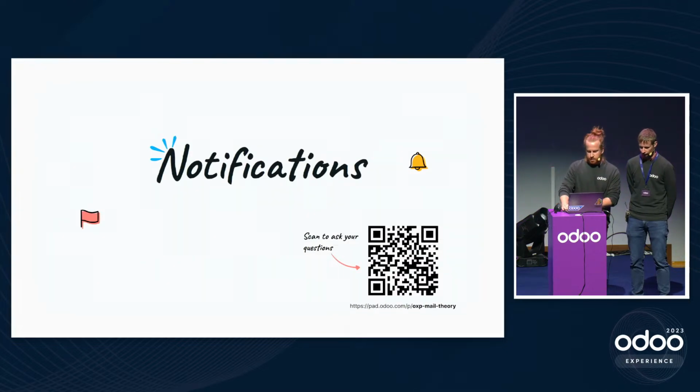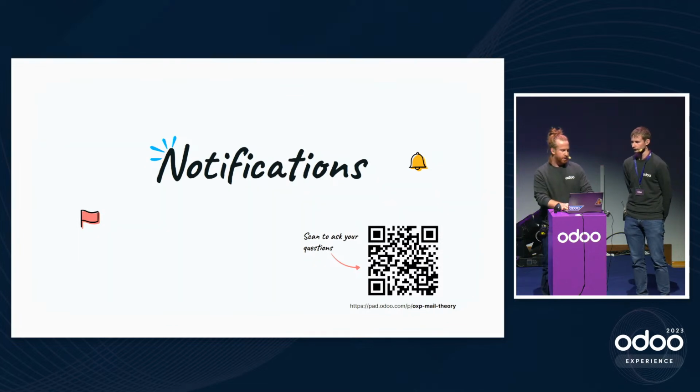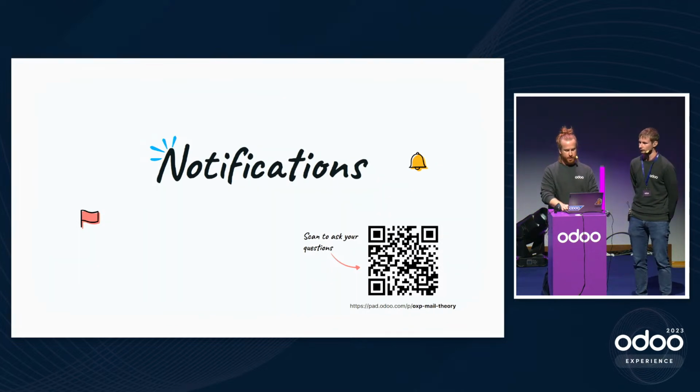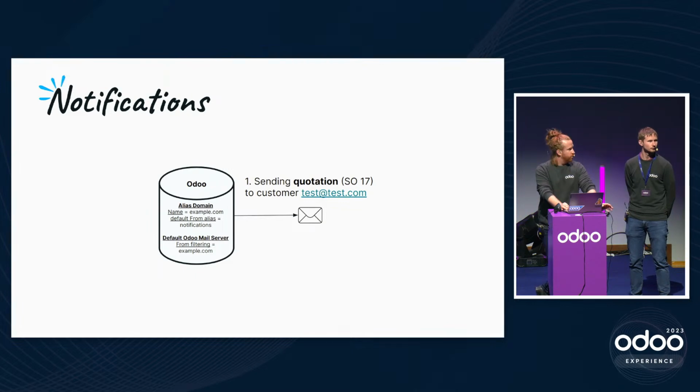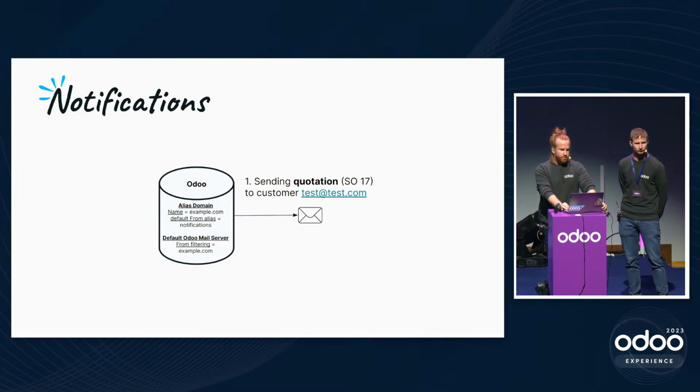The notification system. This system is a bit old, it is from V15, but I think it's important to really understand it because a lot of customers don't, and it's sometimes really hard to understand. So how does it work? I have my Odoo database in Odoo 17 with its own domain, called example.com for now, and I will have my default from address, which is notification.